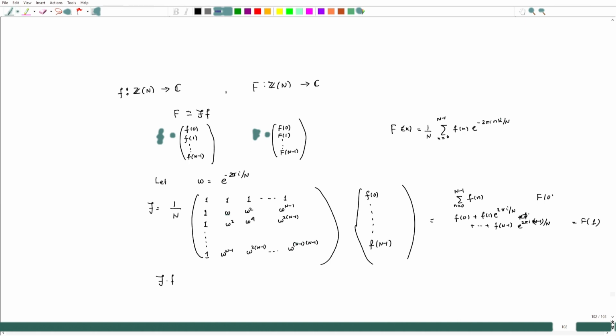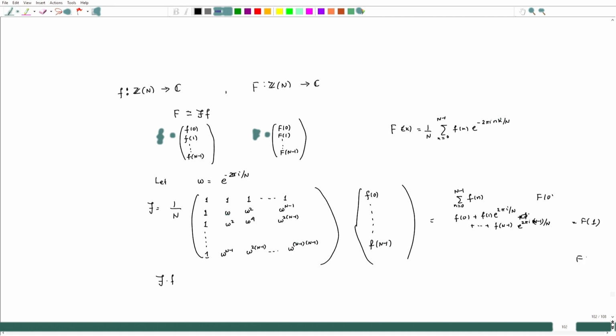And if you do the last one, this is f of 0 plus f of 1 times omega to the power n minus 1, meaning e to the power minus 2 pi i times n minus 1 by n, and so on, which corresponds to F of n minus 1. So, this is equal to capital F just by the matrix multiplication.